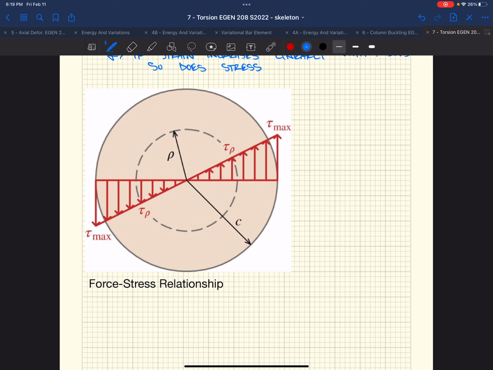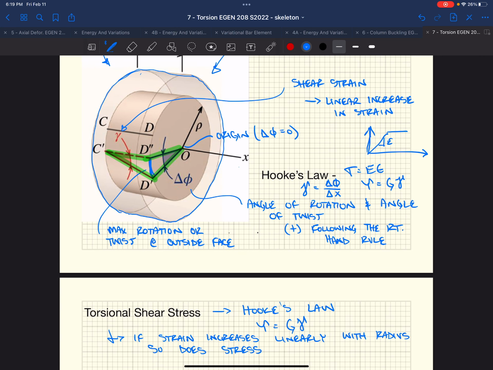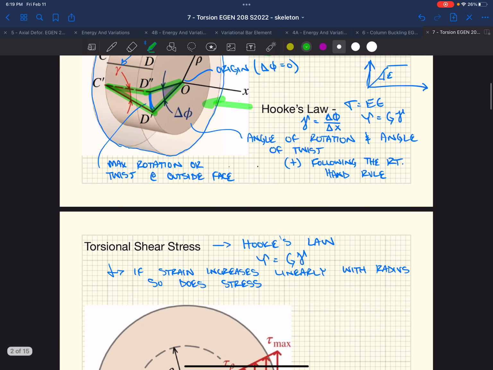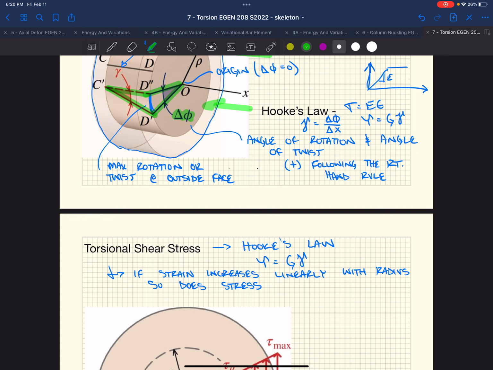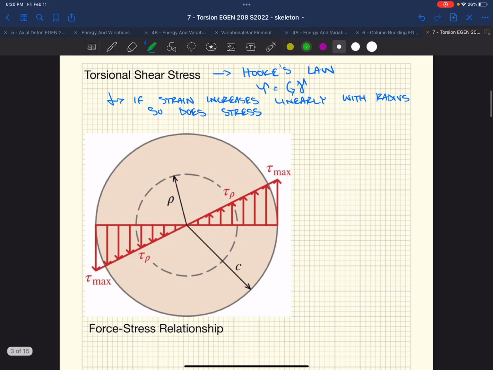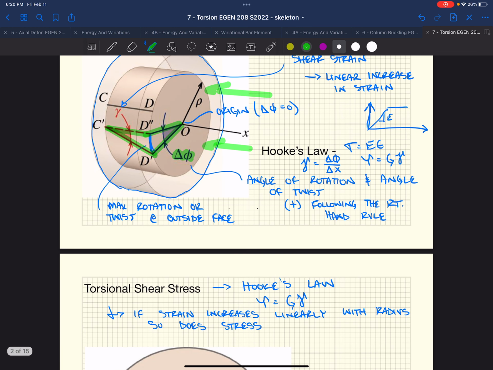So if we look at a cross section now, we're going to look down on the end of this. Right, so we're looking this way. At the end of this section, we have this angle of rotation, this delta phi. We know that angle of rotation is proportional to the shear strain.